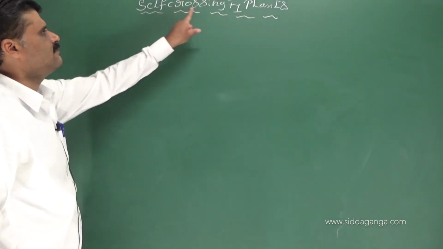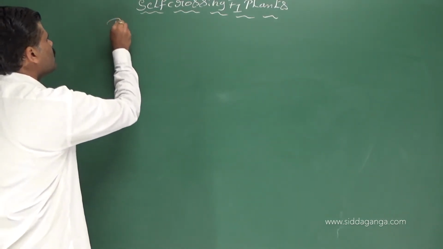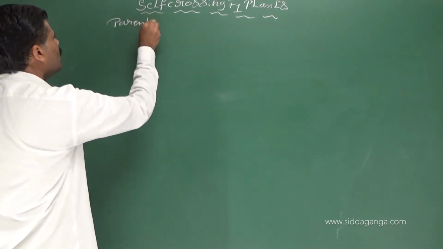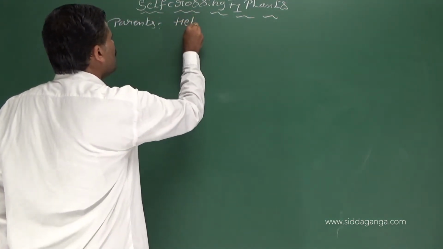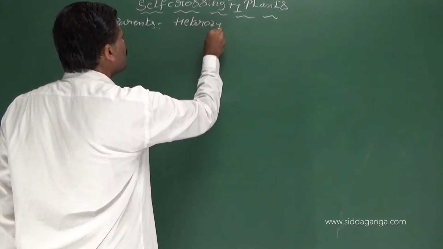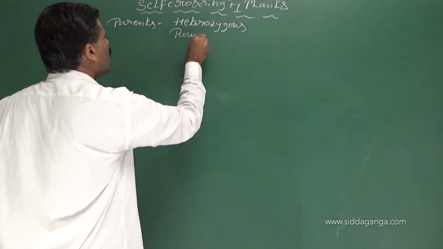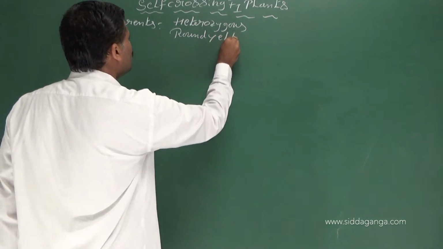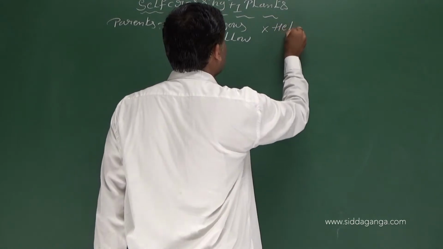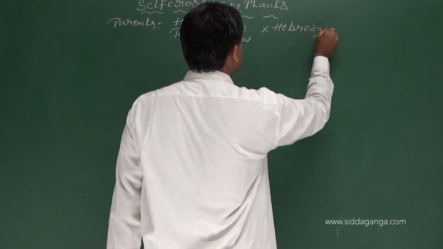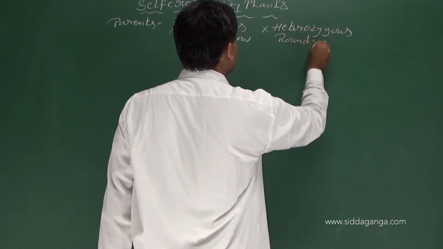Next, Mendel self-crossed F1 plants. So the F1 plants, now they develop, they become the parents, that is heterozygous round yellow crossed with heterozygous round yellow.